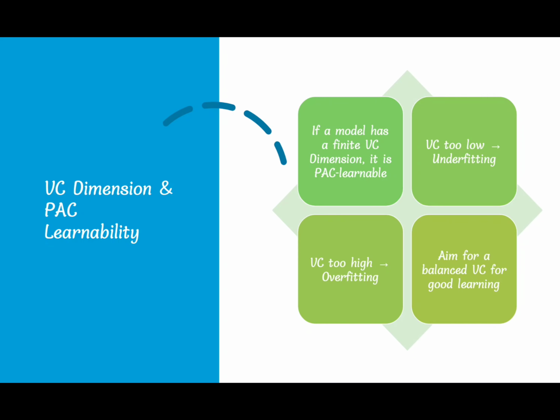But if the VC dimension is too high, the model might learn the training data too well and not perform well on new data. That's called overfitting. On the other hand, if the VC dimension is too low, the model might be too simple to understand the patterns. That's underfitting. So, we need to find a balance, a sweet spot, where the model is complex enough to learn but not too complex to fail.